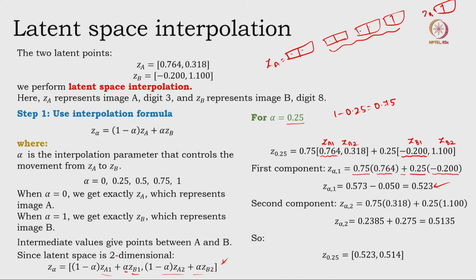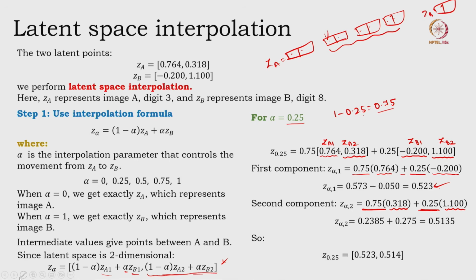First we have calculated the first term. The second term is 1 minus alpha, and since alpha is 0.25, 1 minus alpha is 0.75, times ZA2, plus alpha, 0.25, times ZB2. Calculate and you get this value.